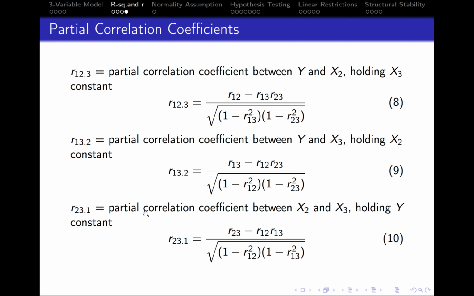And if we would like to get the partial correlation coefficient between x2 and x3, holding y constant, this is what we need to do. We need the individual coefficients between x2 and x3, y and x2, y and x3, and so forth. Those are the formulas for the partial correlation coefficients in the case of multiple regression analysis.